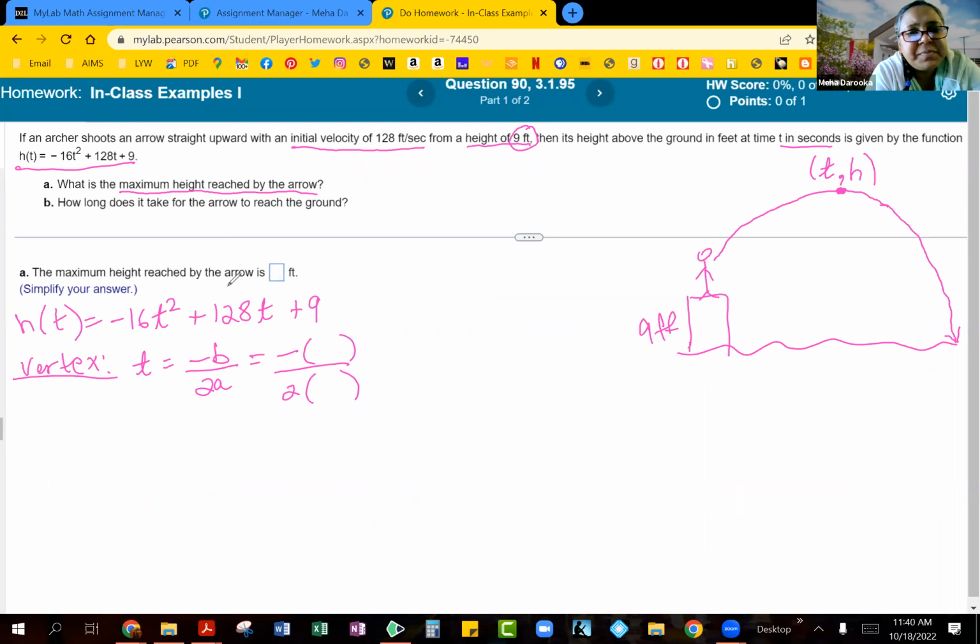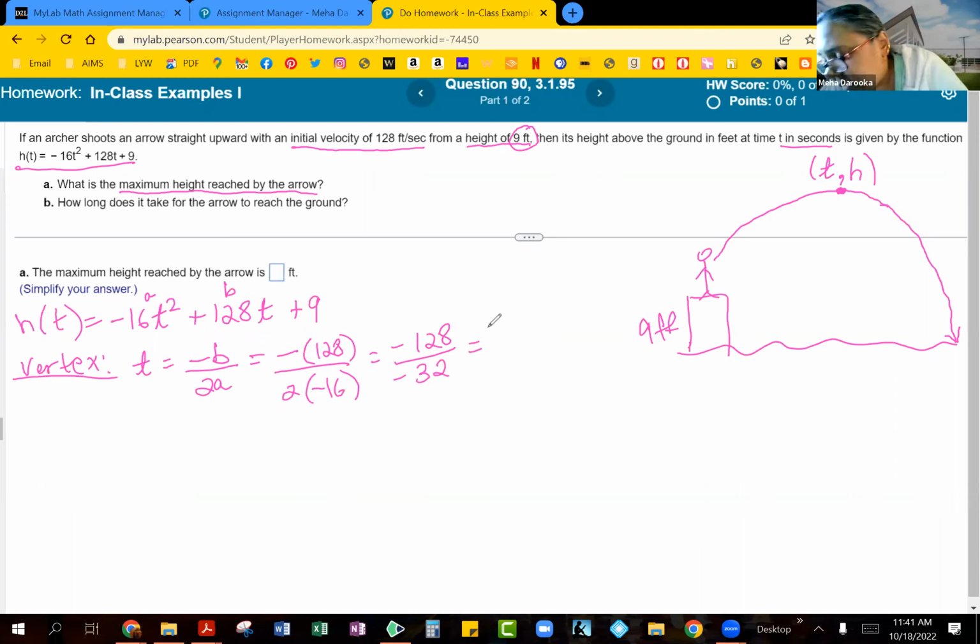B is of course going to be 128. A is going to be negative 16. So that'll be negative 128 over negative 32. Can you tell me what that answer comes out to be? Perfect, very nice, Maria and Jimena. 128 divided by 32 will give us 4.